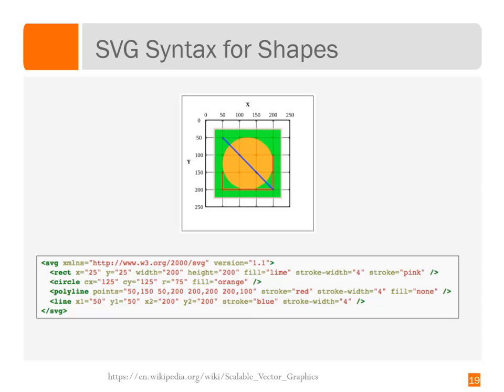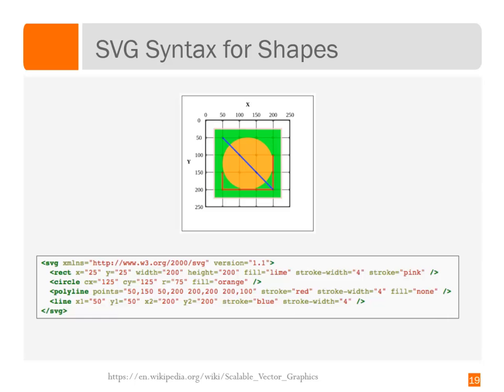Probably you see an X and a Y, basically a grid, and then you'll see a green rectangle, an orange circle, a blue line, a red polyline. So we're going to be discussing what the syntax of creating those is. So now let's look down at the code example and we'll walk through the syntax of creating each of these.